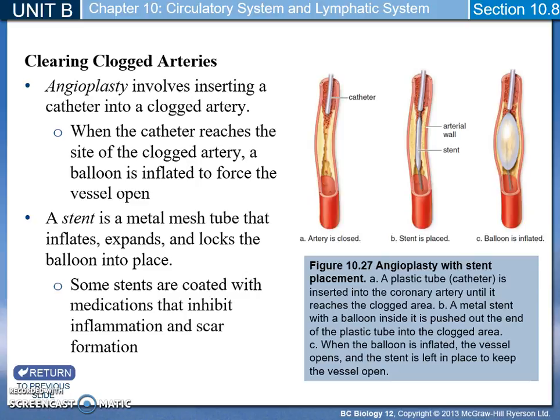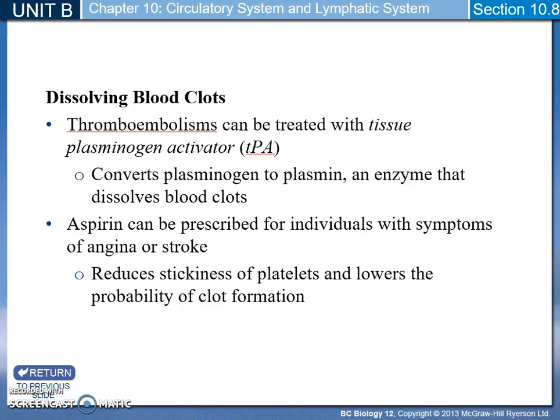Some stents are coated with medications that inhibit inflammation and scar formation. And then the stent is left in place in order to keep the vessel open.